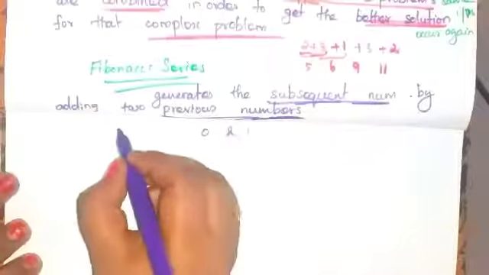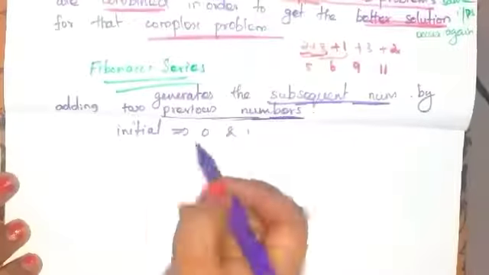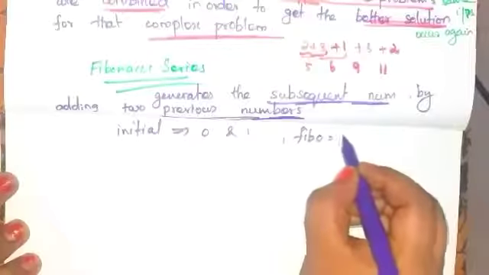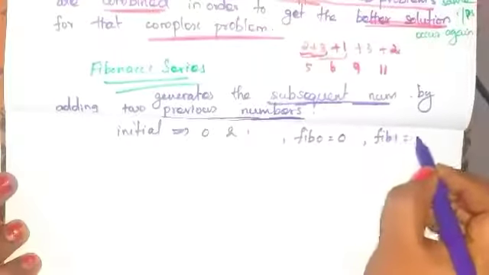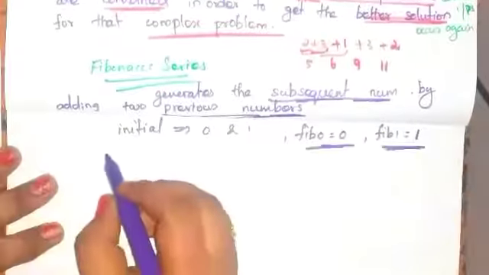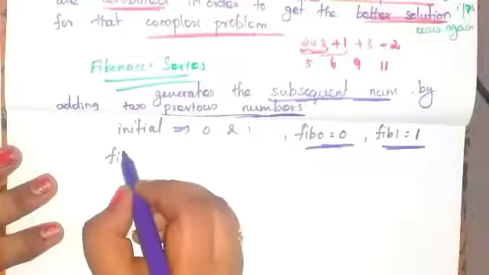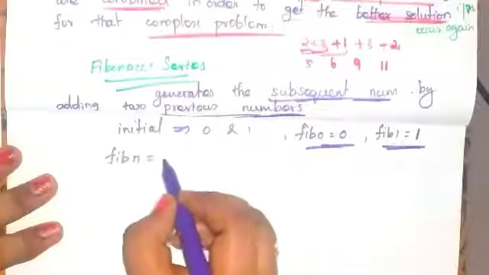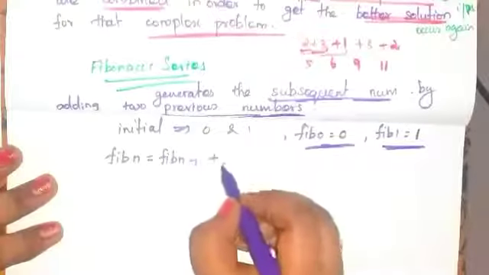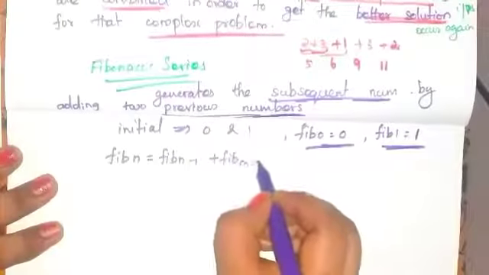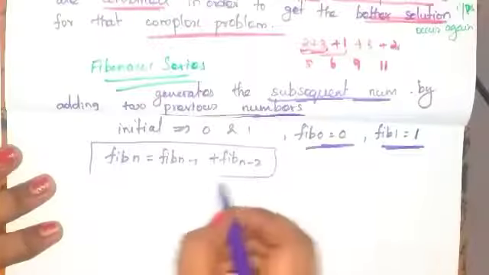Fib 0 is equal to 0 and Fib 1 is equal to 1. Here one condition is given, that is Fib n is equal to Fib n minus 1 plus Fib n minus 2. This is the condition.